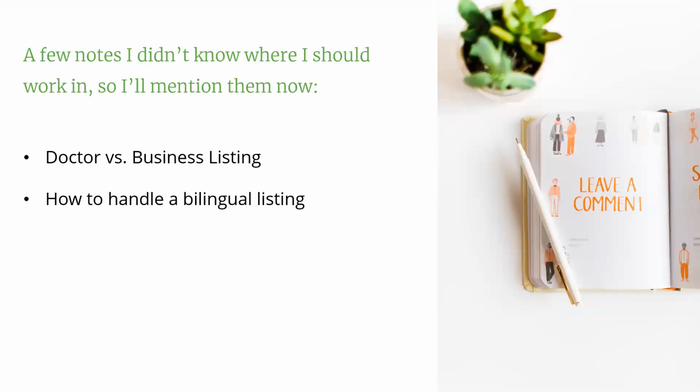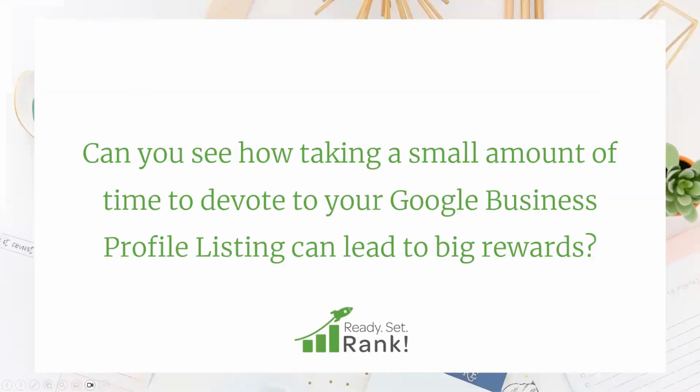And then I just wrote down a couple notes to make sure that if I forgot to mention these earlier, we did talk about the doctor versus the business listing and how to handle a bilingual listing. But I think from this, you can really see how taking a small amount of time to devote to your Google Business Profile listing can help lead to big rewards.